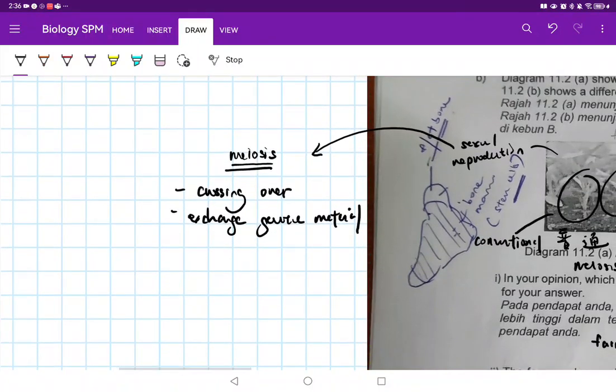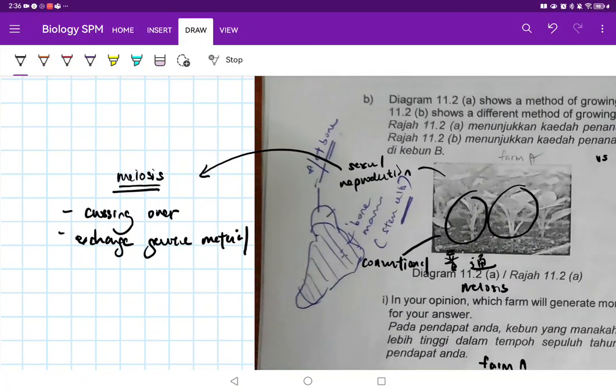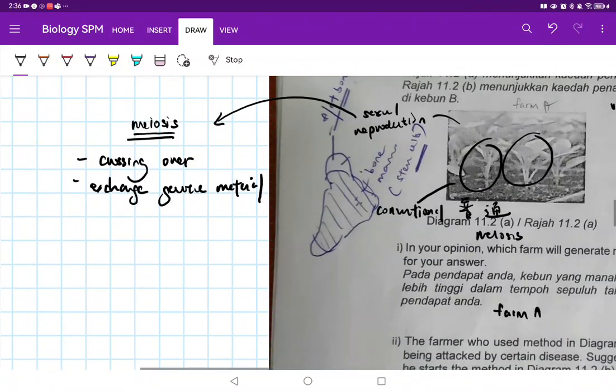And if you do exchange genetic material, it means the chances of your daughter cells being more resistant towards a certain disease increases.